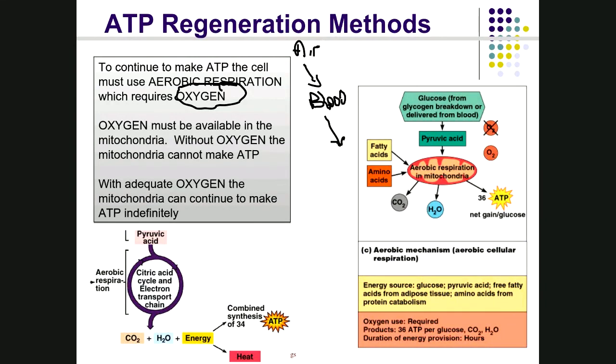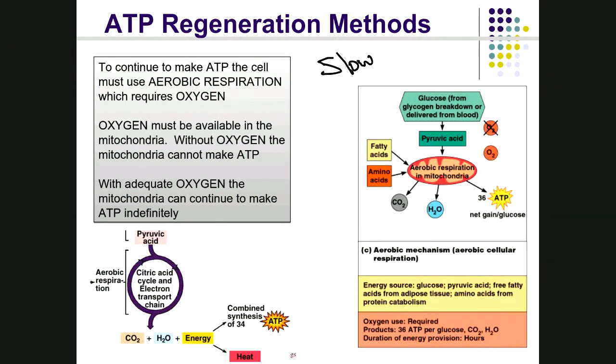And then we have to do diffusion to get it into the cell. And so it's slow. This whole process is slow. And so we're not going to be able to supply oxygen at the same rate that we do those other things. In other words, what you're going to have to do is slow down. Everything has to slow down.